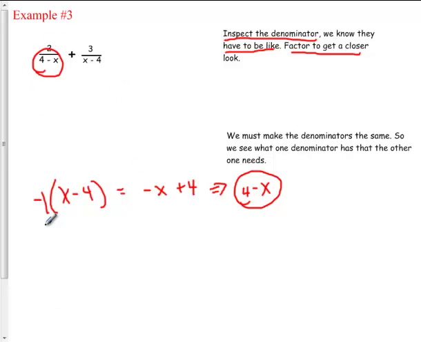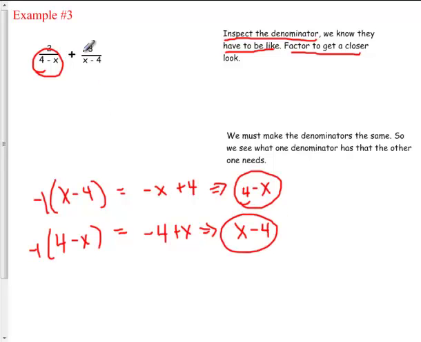Or I could take 4 minus x, multiply it by a negative 1, and get negative 4 plus x, which if I rewrite that is x minus 4, which is the same as that one. So I've got my choice.